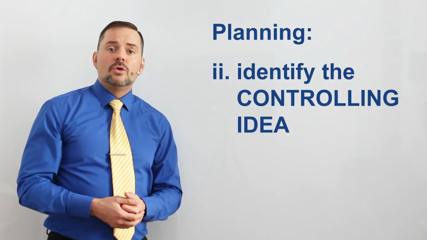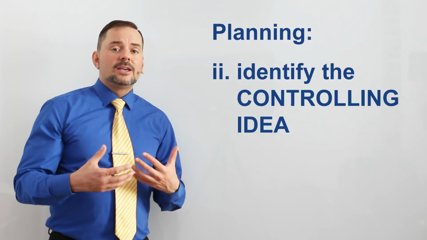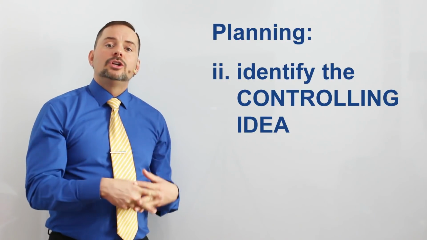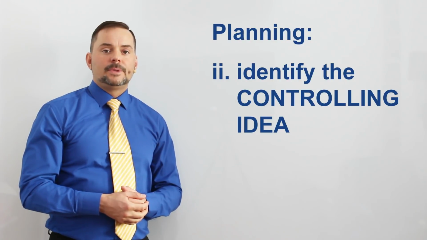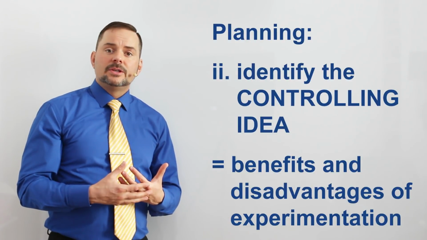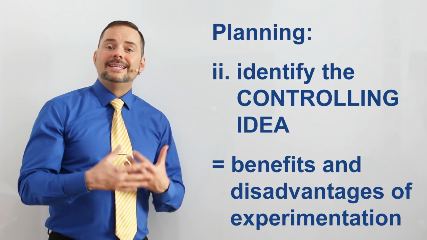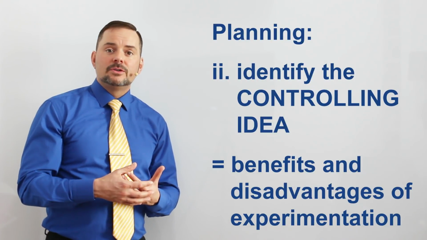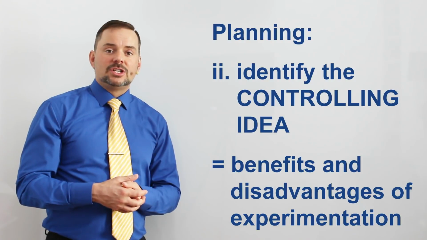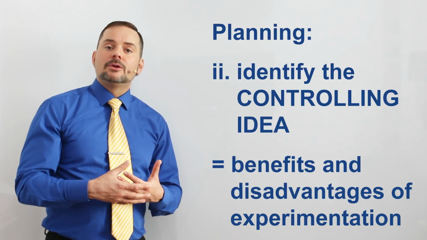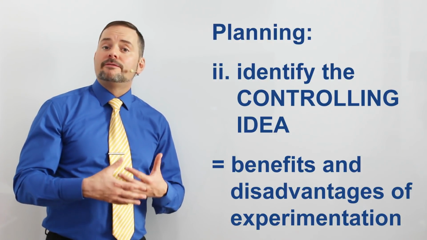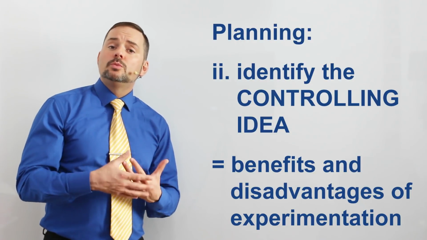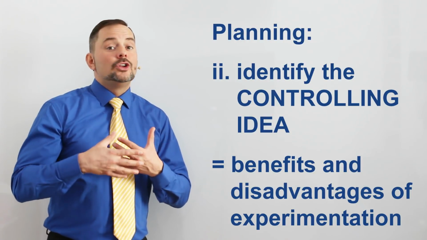This means, what are we thinking about in connection to the topic? In this case, what we're discussing or dealing with are the overall benefits or disadvantages of experimenting with viruses and bacteria for humans. Should we do it or should we not?